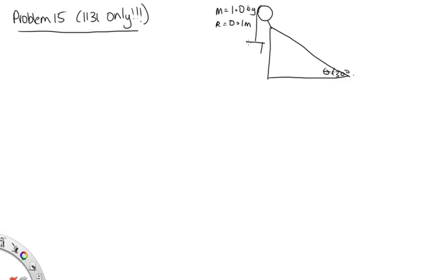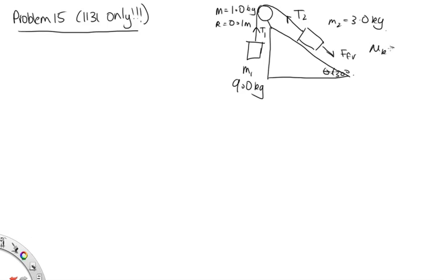We've got a hanging mass here, m1, which has mass 9 kilograms. And there'll be a tension force here acting upwards, pulling that up. And we've got another mass, m2, which is 3 kilograms. On this plane, it has a force T2 upwards. There is a frictional force acting against this, and the coefficient of kinetic friction is equal to 0.10.